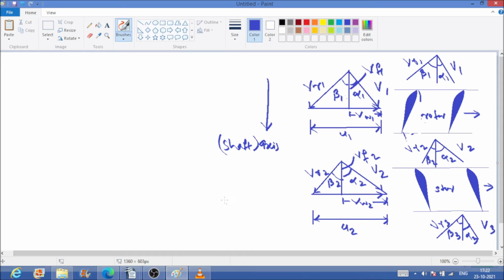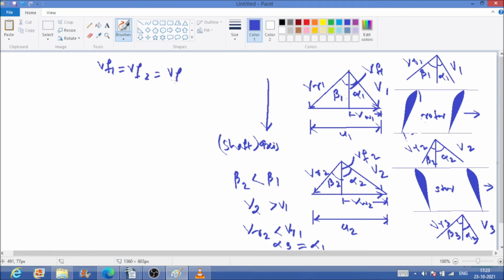And this is my u2. Looking at this velocity triangle, beta 2 is less than beta 1, and absolute velocity v2 is greater than v1, as we have already seen, and vr2 is less than vr1 because of friction losses, and alpha 3 is equal to alpha 1. And one more thing, the flow velocity vf1 is equal to vf2 is equal to vf.